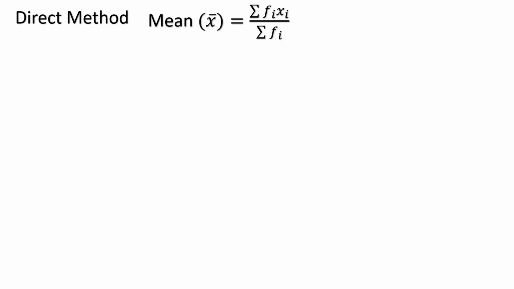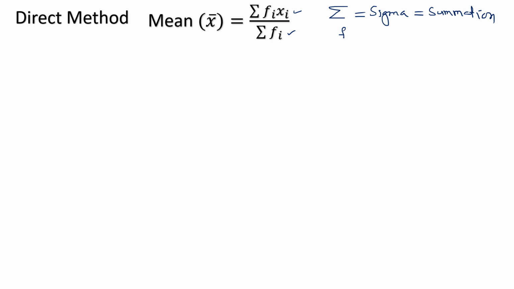If you remember, in the previous sessions I said we use the letter sigma to denote the summation, the sum. In the numerator, the product of fi and xi, then you take the sum, and in the denominator we have sigma fi.